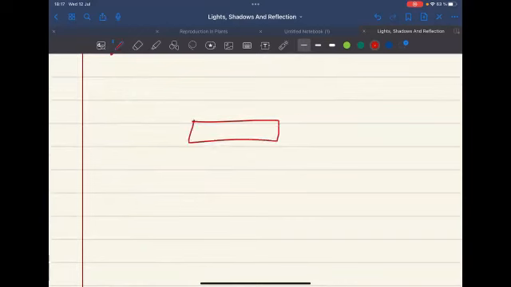Now, look carefully. This is a mirror. Okay, this is a mirror. Look at the blue rays. So it's going like this. It's going like this. So you can see the two lines are converging over here.